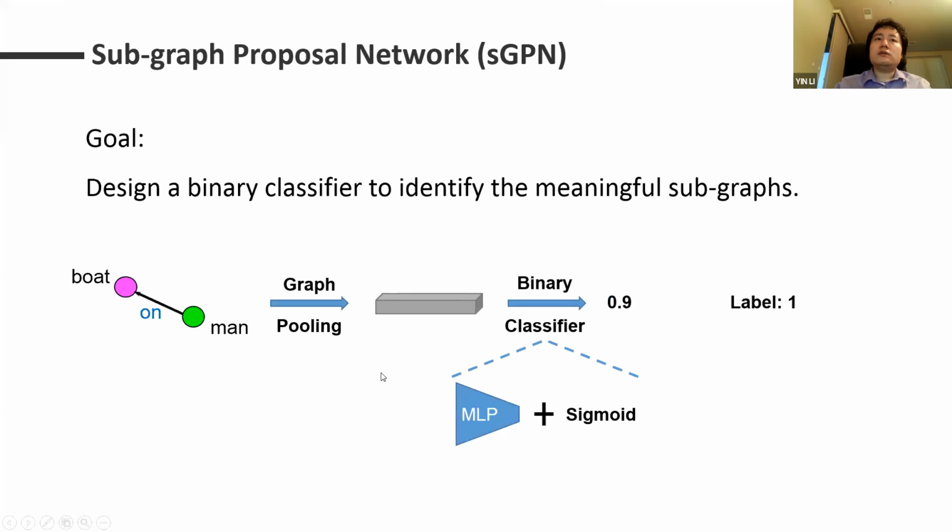And we're going to train this graph neural network in combination with a multi-layer perceptron plus a sigmoid normalization function to form this binary classification problem. So this binary classifier will just look at each of the subgraphs and try to see if it is meaningful or not. So this is more like a selection process.